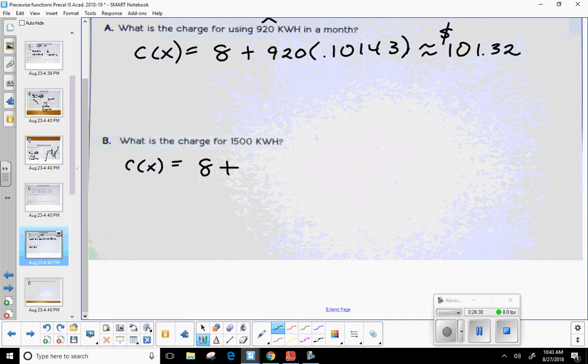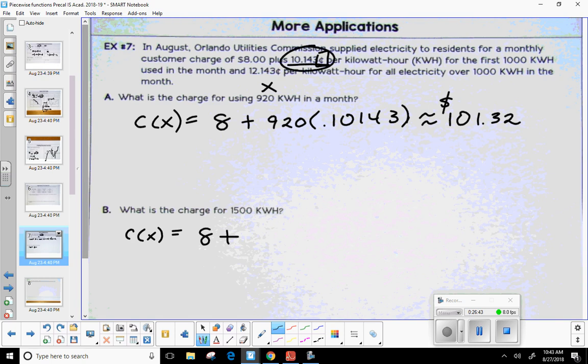You can either go ahead and write it out, because the 1,500 hours is going to be broken into 1,000 plus 500, right? We'd want to do that because for the first 1,000, remember, there's a specific rate. We only get charged the higher rate if we go above the 1,000. So I'm going to take the 0.10143 and multiply it by 1,000.